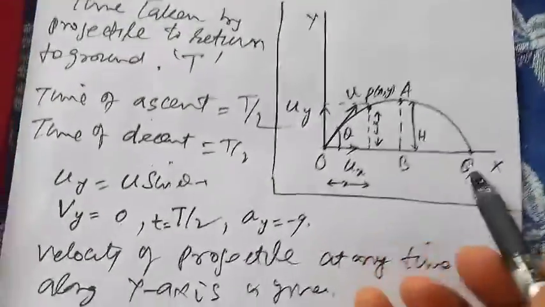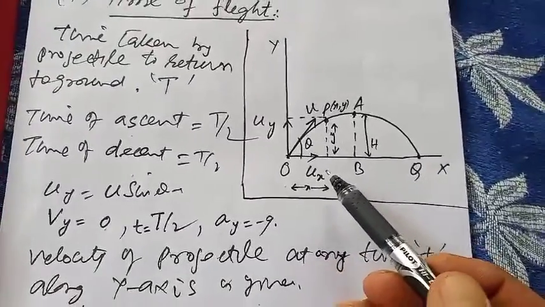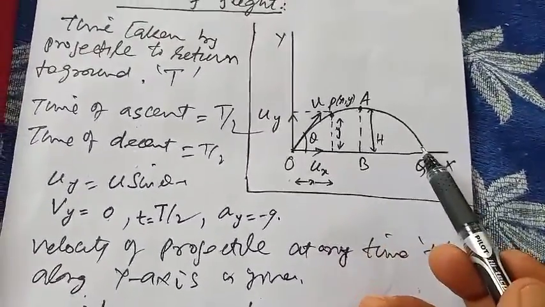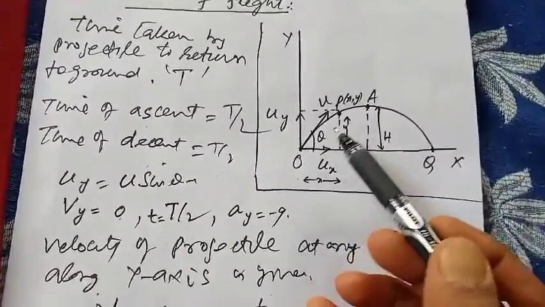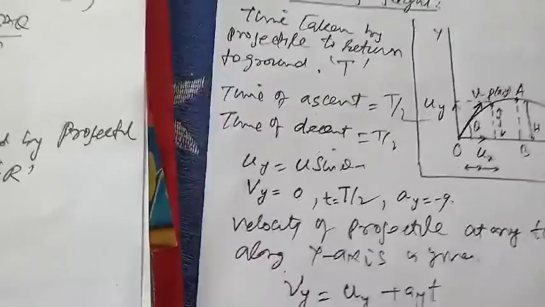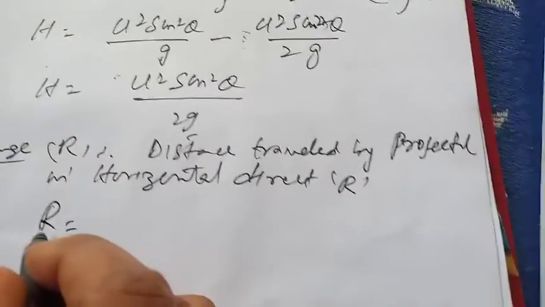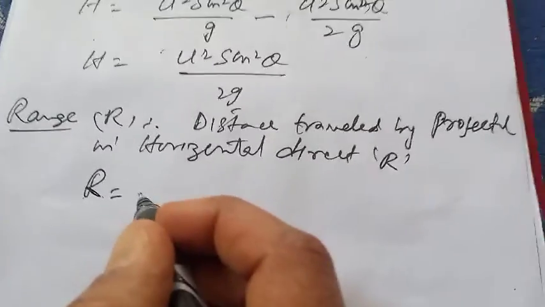Now obviously we will take the equation of the projectile in horizontal direction. There is one more thing. If we are asked to find this, see, the projectile moves with velocity u_x, which is u cos theta in the horizontal direction, and the time taken by the projectile to reach here is t, which is the time of flight. So we can write horizontal range R is equal to velocity into time.